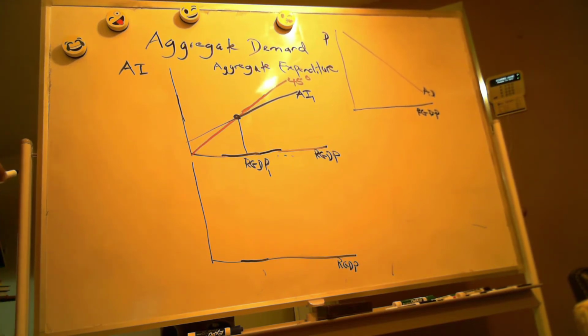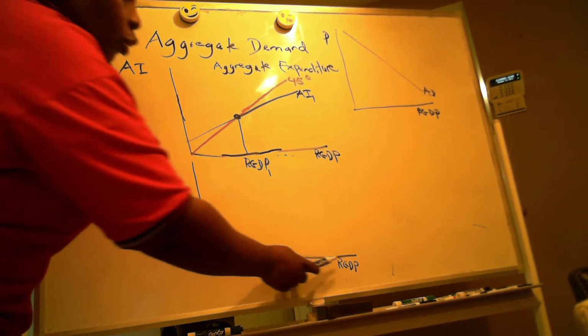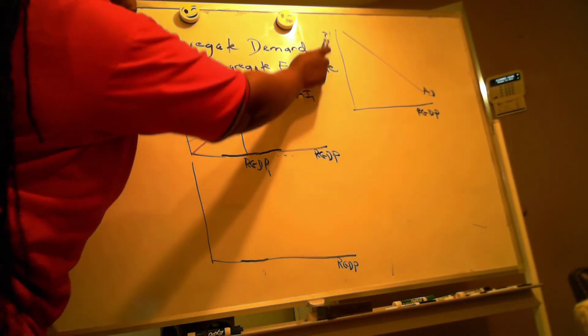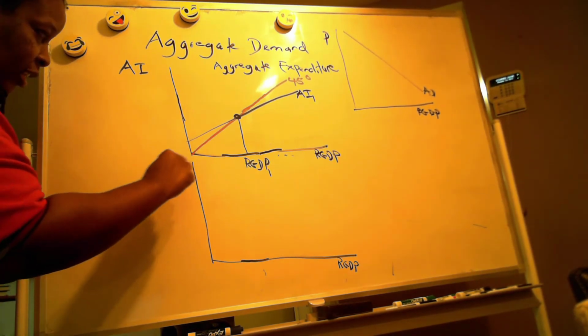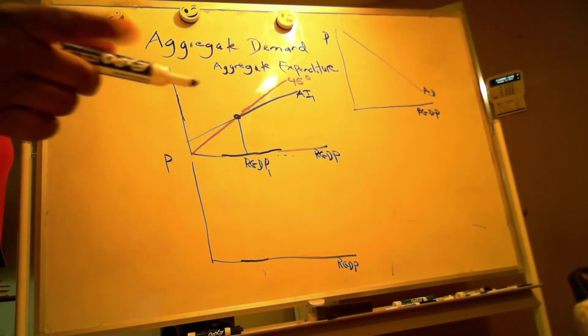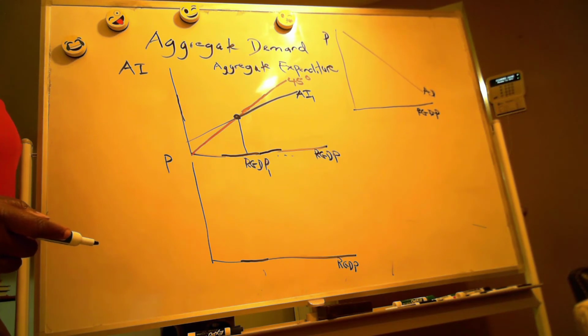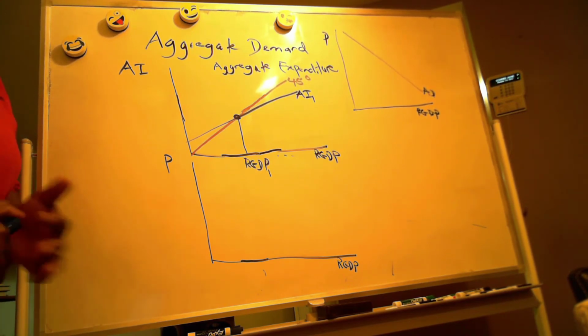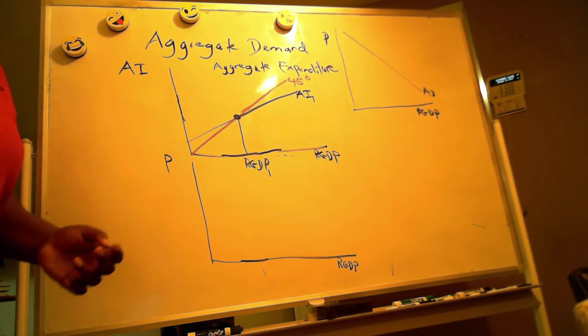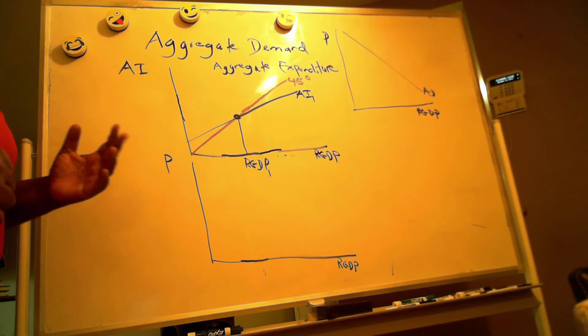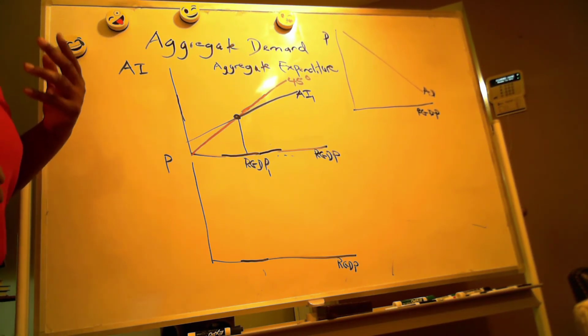Now, why is this important? Notice when I showed you the aggregate demand earlier, I showed you with our GDP and price. So let's get the price in here. Now think, you're a consumer. When you buy a cup of coffee, when you buy that new video game, don't you take into consideration the prices?